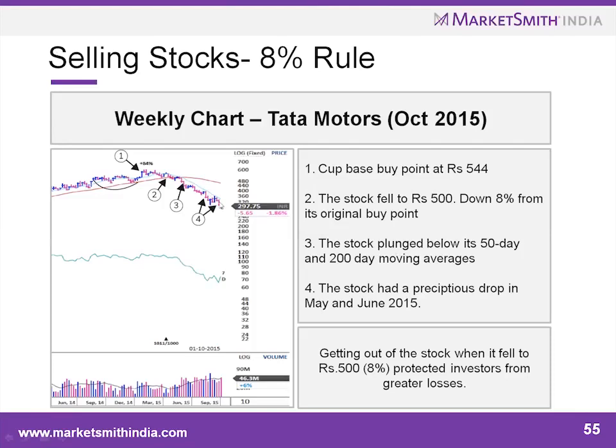Ultimately, in this case, the stock fell below its 50-day and 200-day moving averages. A death cross is also happening here. Normally a death cross is a point where your 50-day moving average comes below the 200-day moving average. In this particular case, the color has been changed: this green line is your 50-day, and this is the 200-day moving average.